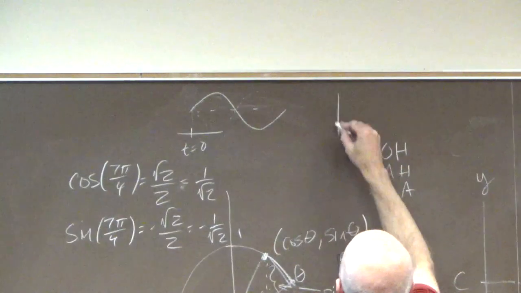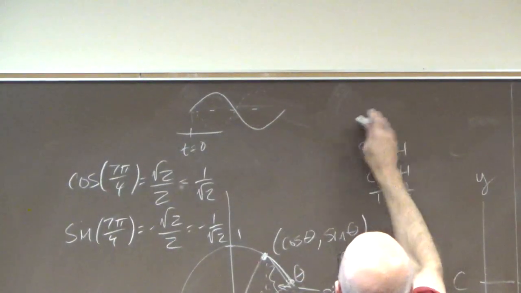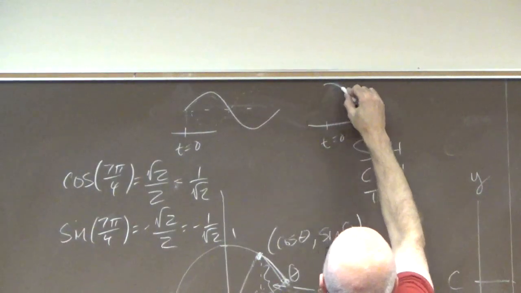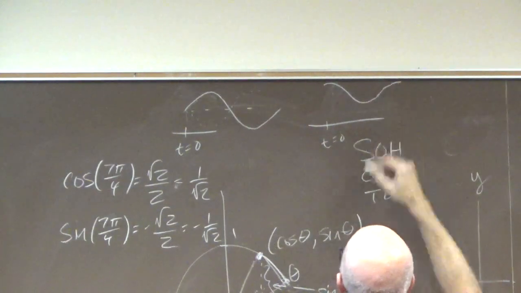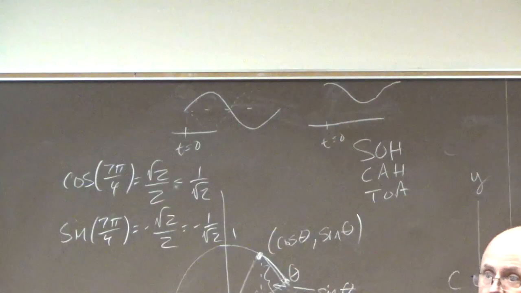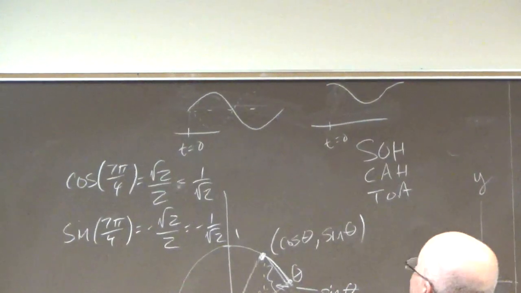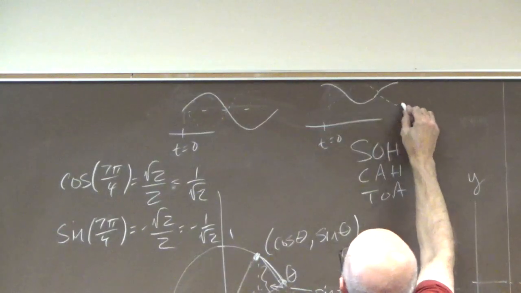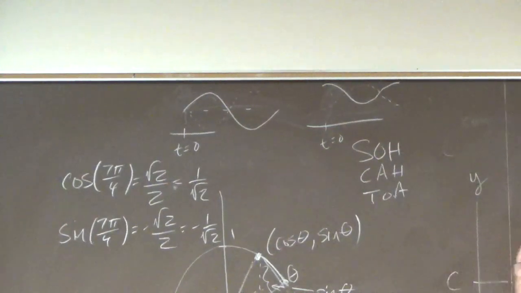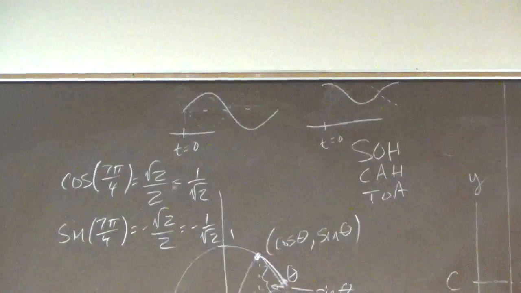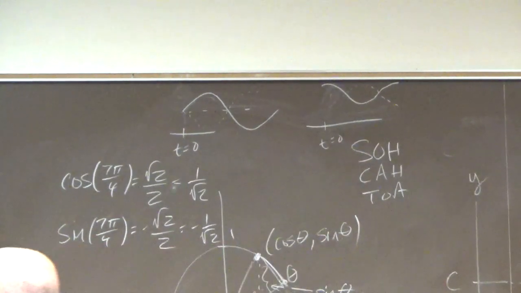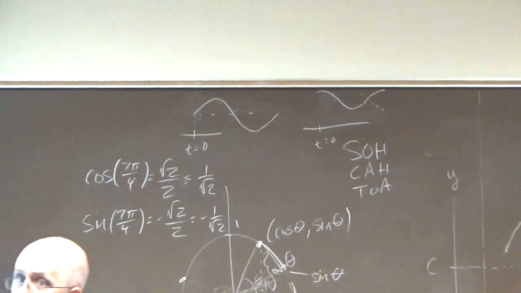On the other hand, if the graph starts at its peak, the high point at t equals 0, then use a cosine with a positive A if it looks like this, and a negative A if it looks like that. In those cases h is 0. The harder cases is when you have some horizontal shift and you've got to figure out h as well. Okay?